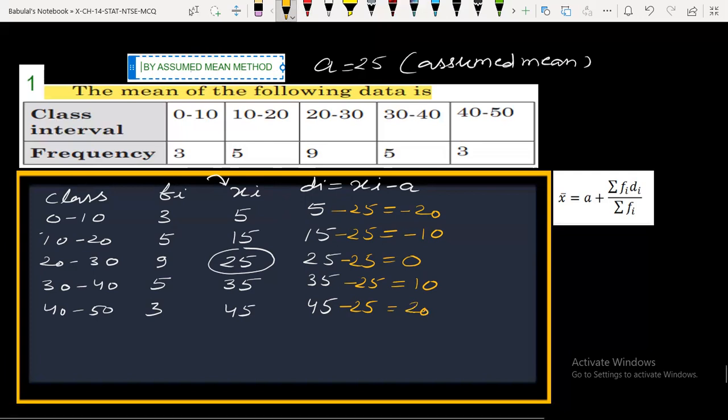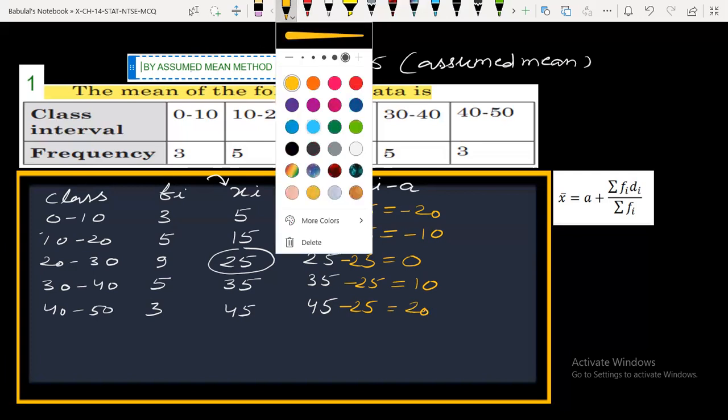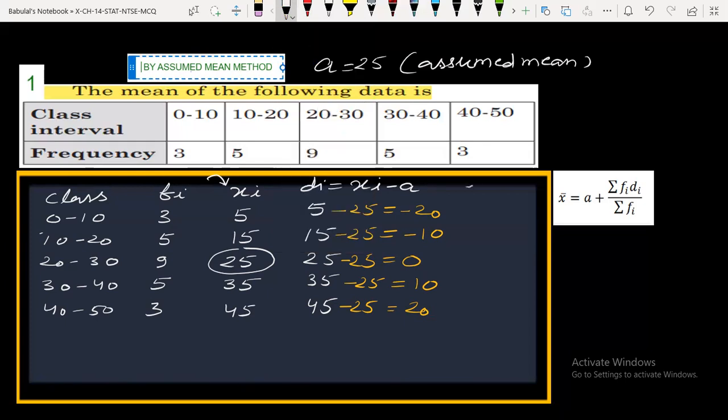Now one more column is required here, and that is fi into di. पहले हम करते थे direct mean method में fi into xi, और यहाँ हमें करना होगा fi into di. Means multiply this f by this d. Please don't multiply with xi, because most of the time f और x बहुत नजदीक होते हैं तो आपको पता नहीं चलता, and you multiply di by xi. Please don't do this.